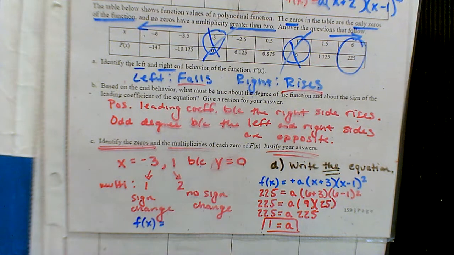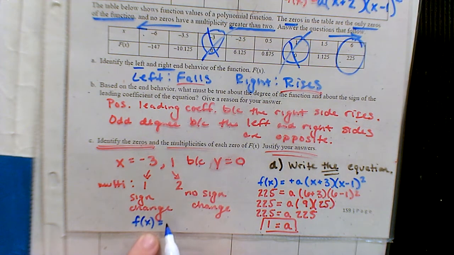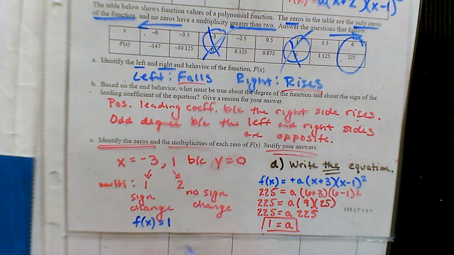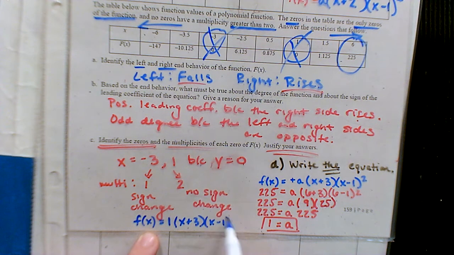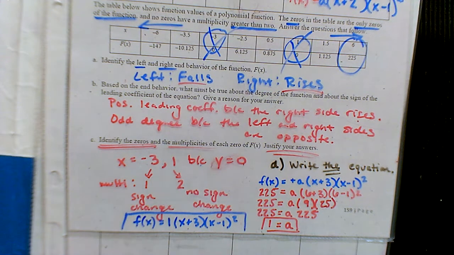Our actual equation, the equation that would give us this exact table, would have a coefficient of positive 1, and then the x plus 3 and the x minus 1 squared. Okay, so you can figure out that coefficient number when you have a table of values.